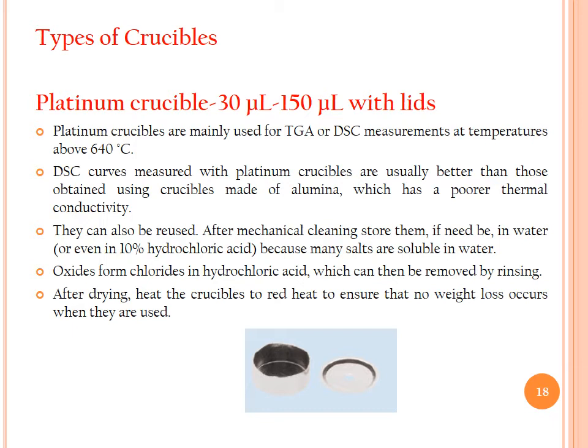Oxides form colloids in hydrochloric acid, which can then be removed by rinsing. After drying, heat the crucible to red heat to ensure that no weight loss occurs when they are used, because in TGA analysis, you know well, there is a temperature mass relationship.